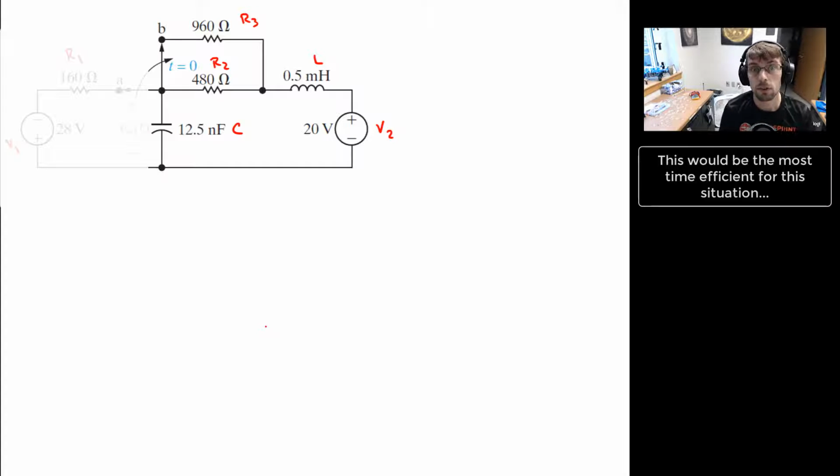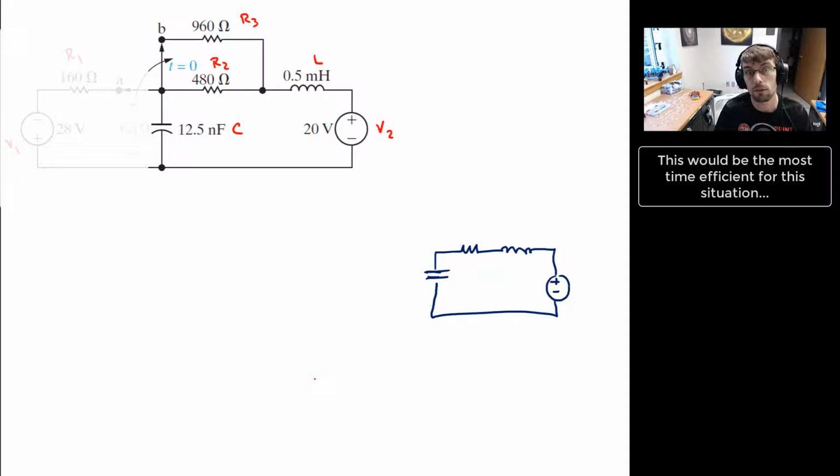I have two resistors in parallel, connected between the same two nodes, right here and here. I could combine those into an equivalent resistance and then just treat my RLC circuit from the last lecture.